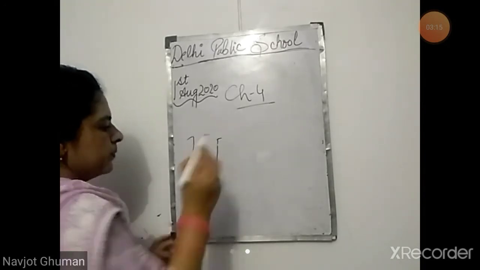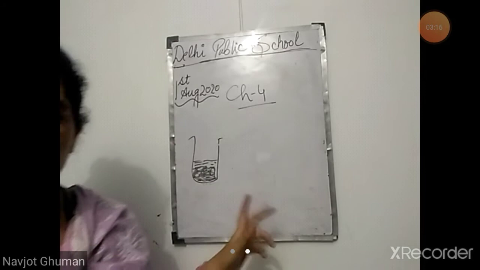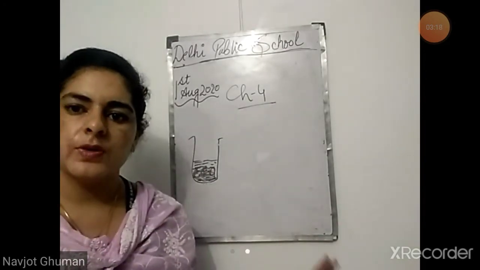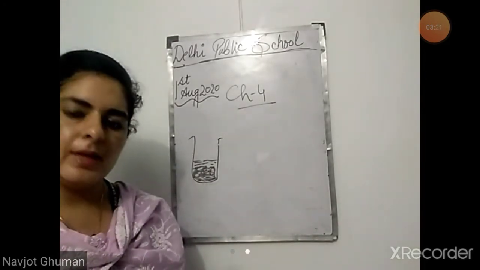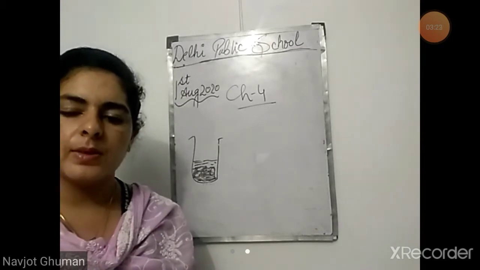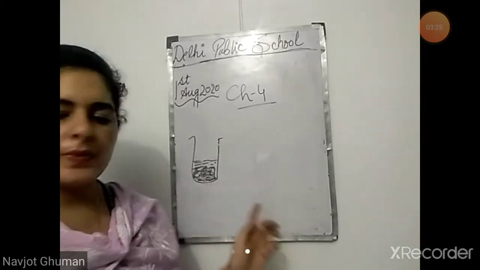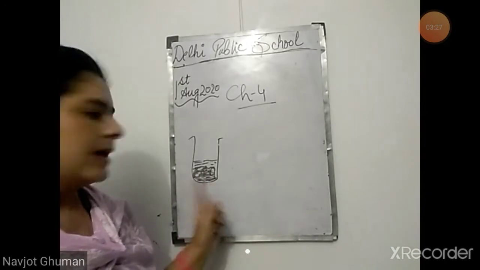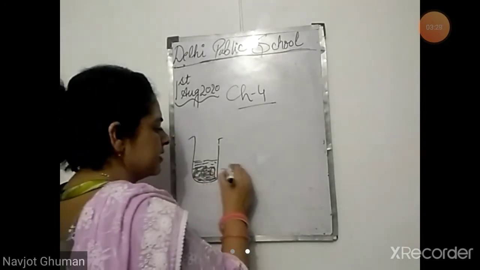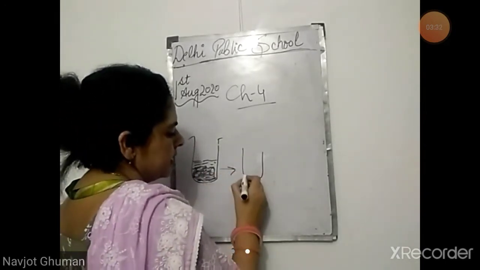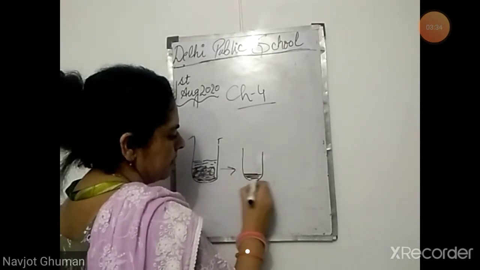What you will do is keep this container containing water and mud undisturbed for 10-15 minutes. Then after 10 or 15 minutes, you will see that the mud or the sand in this container settles down at the bottom.